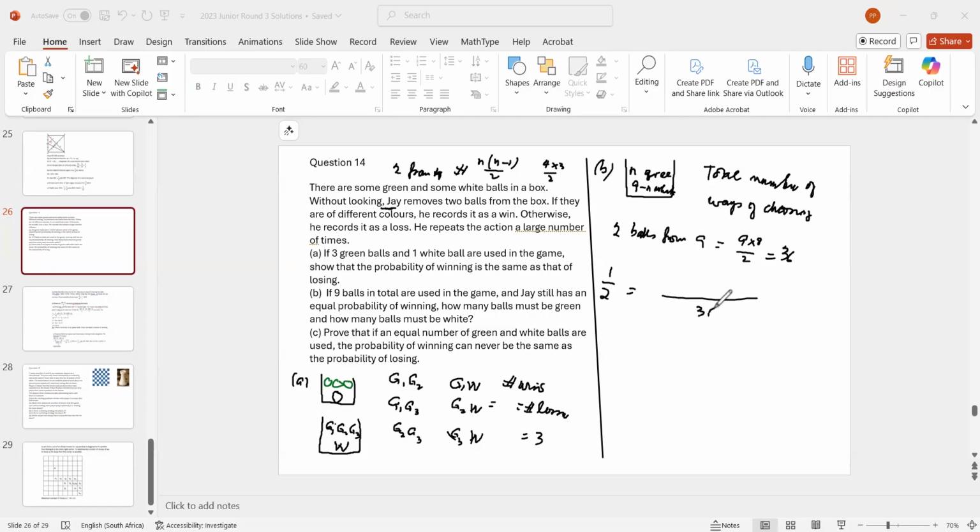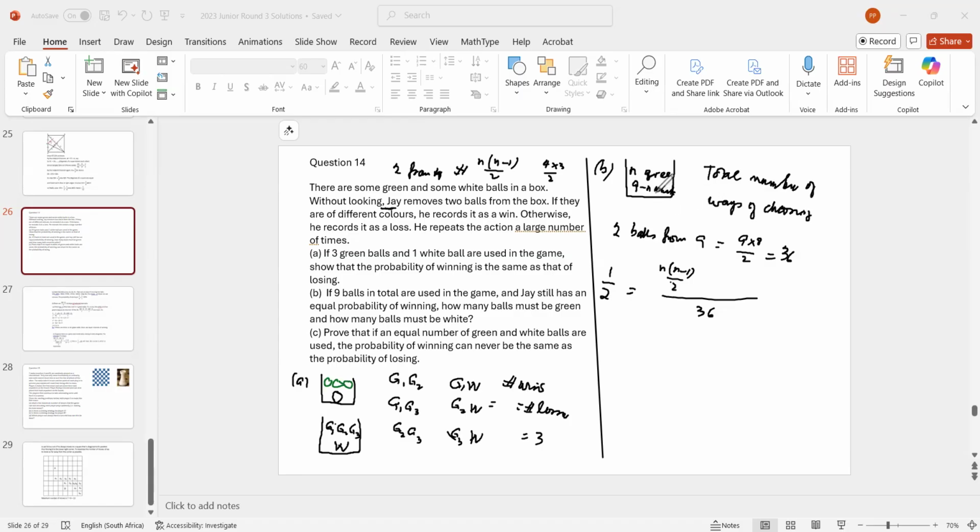So I've got a half is equal to, now I want to find out in how many ways can I choose 2 equal balls, two equal colors. All right, so I want to choose 2 green. So how many ways can I choose 2 green from n greens? There it is, n into n minus 1 over 2. This is choosing 2 greens from n greens.